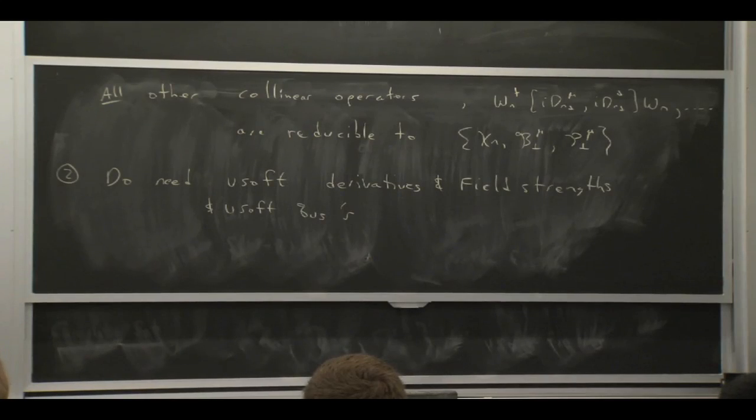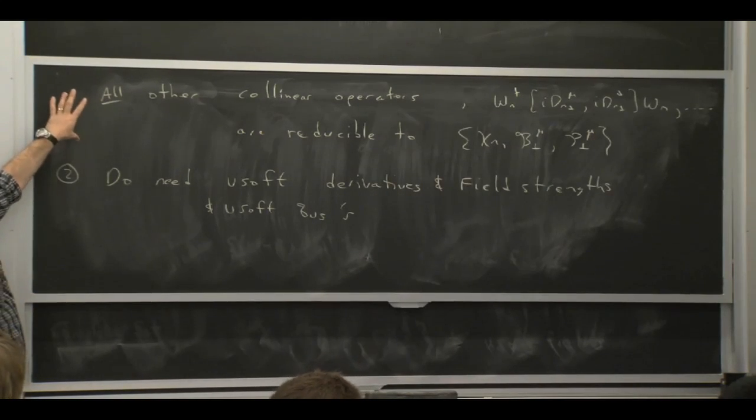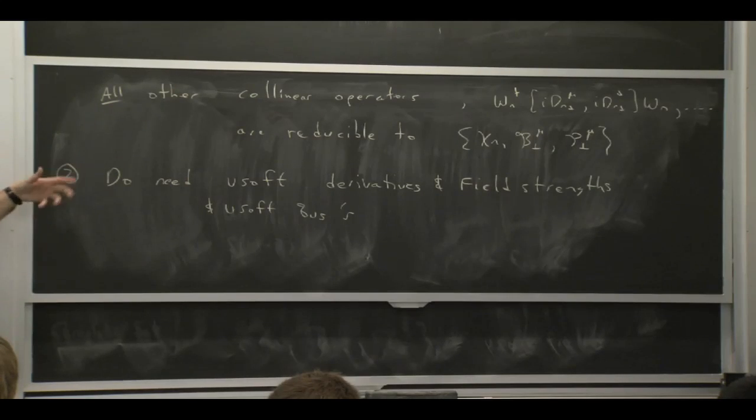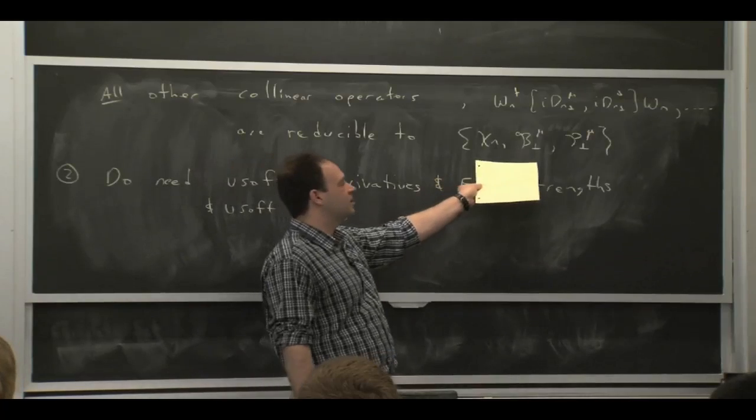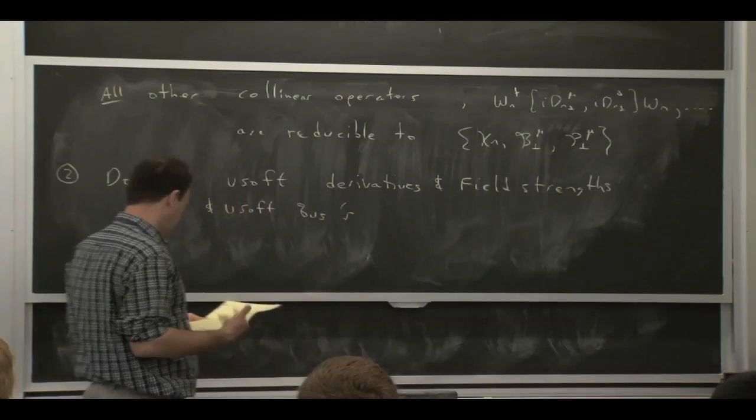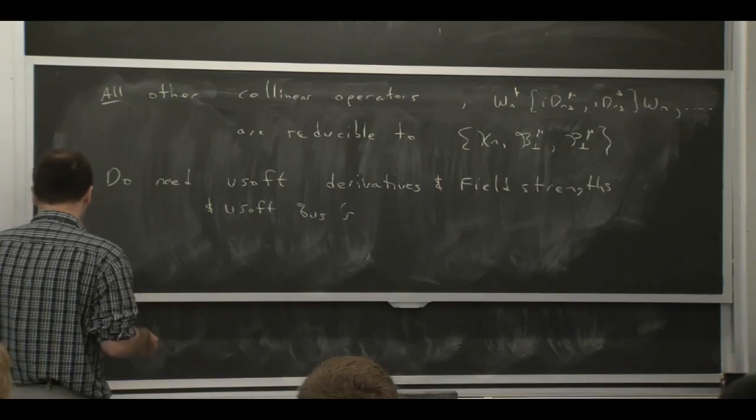One thing that is worth commenting about is the connection between 1 and 2. So 1 is collinear and 2 is ultrasoft. And a priori you might think, well, they're totally independent. But we saw last time that reparametrization invariance connects them. So if I've decided that this is the type of basis I want to use for my operators, then what is the reparametrization connection?